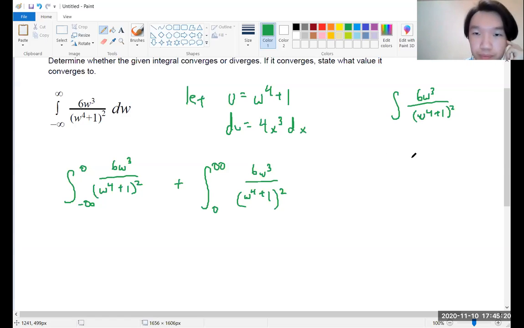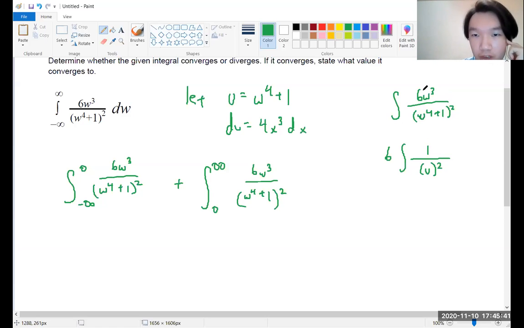First thing I'm going to factor out is the 6. Okay, so focusing on the denominator, this is parentheses u squared, right? And then we have a 1 on top.